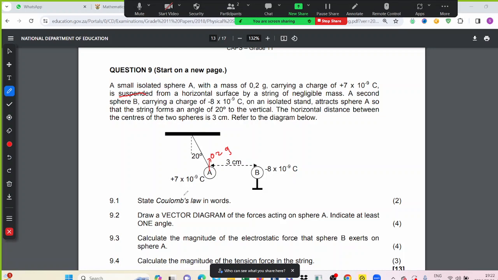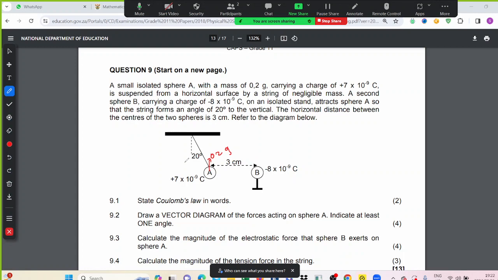All right, and then the next question, which is 9.2, they say draw a vertical diagram of the forces acting on sphere A. Indicate at least one angle. For you to do this, you have to note all the forces acting on sphere A, and they want you to draw the free body diagram.